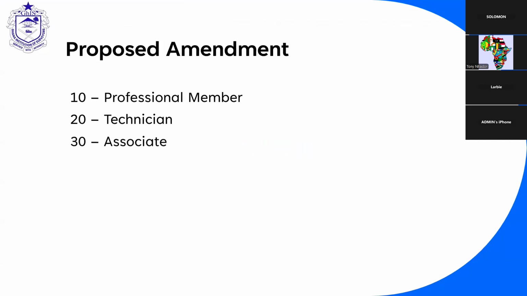Okay, so let me quickly run over again so that we can all be aligned. The conversation is to prefix a professional number with 10, a technician number with 20, and an associate with 30.